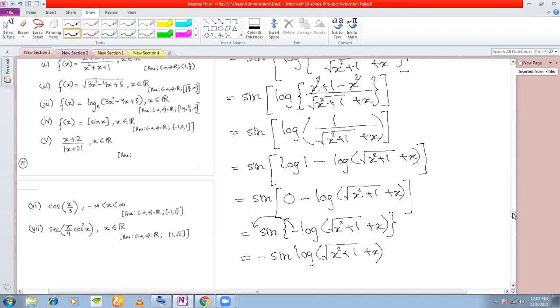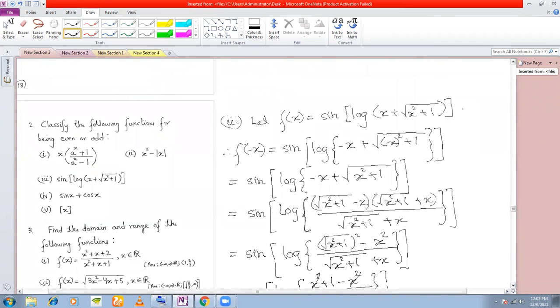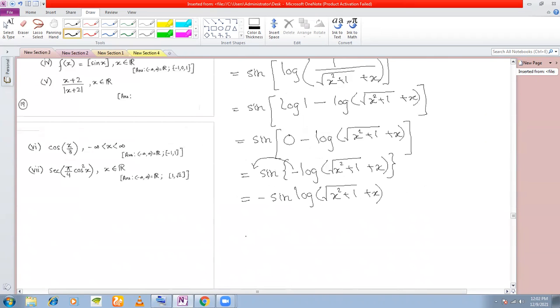Now check f(x). What was f(x) here? Sine of log of x plus root of x square plus 1. Is it equal to f(x) here? No. Is it equal to minus f(x)? Yes. So f(minus x) is equal to minus f(x).